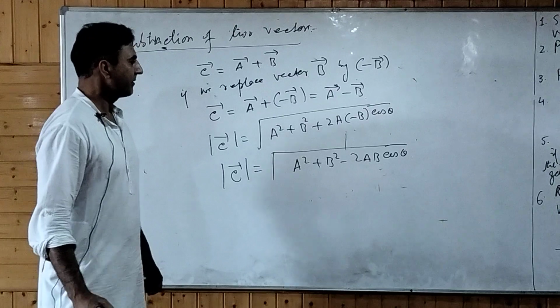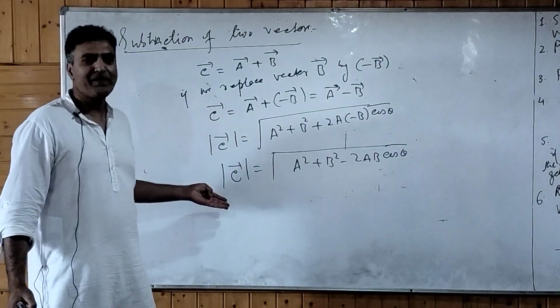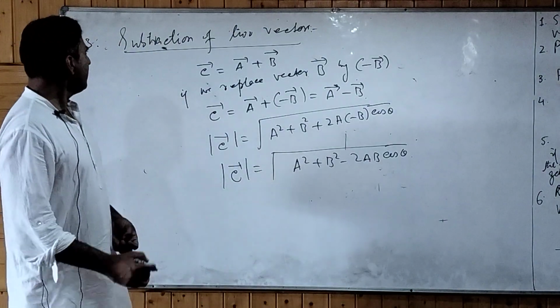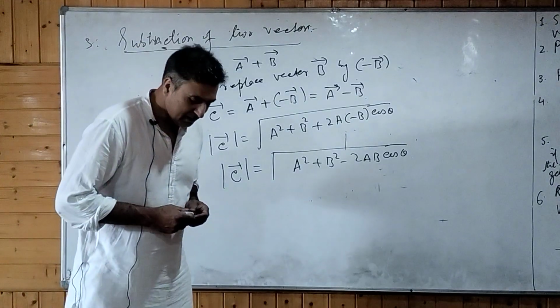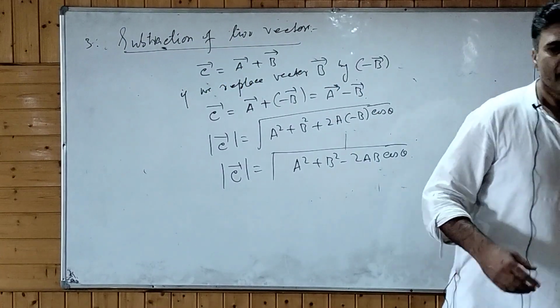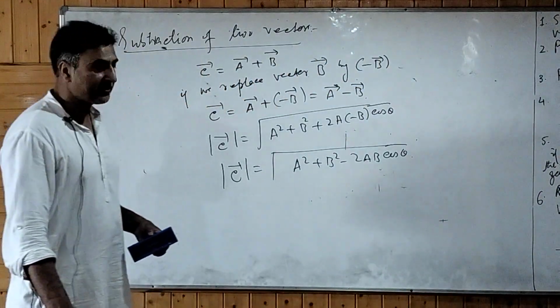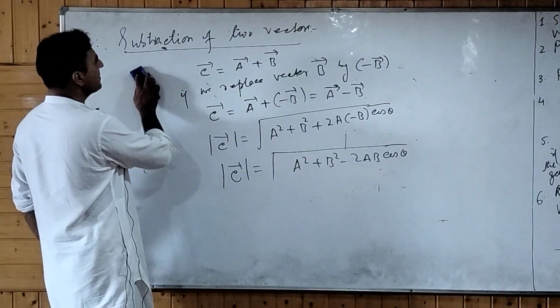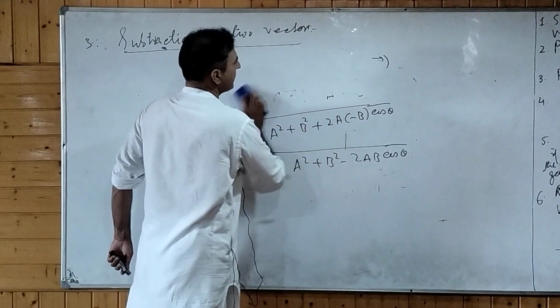That's all. So this is the rule of vector subtraction. So in other words, if you have 2 vectors, A and B, you want to find the magnitude of their subtraction. So what you do is this. So simple.